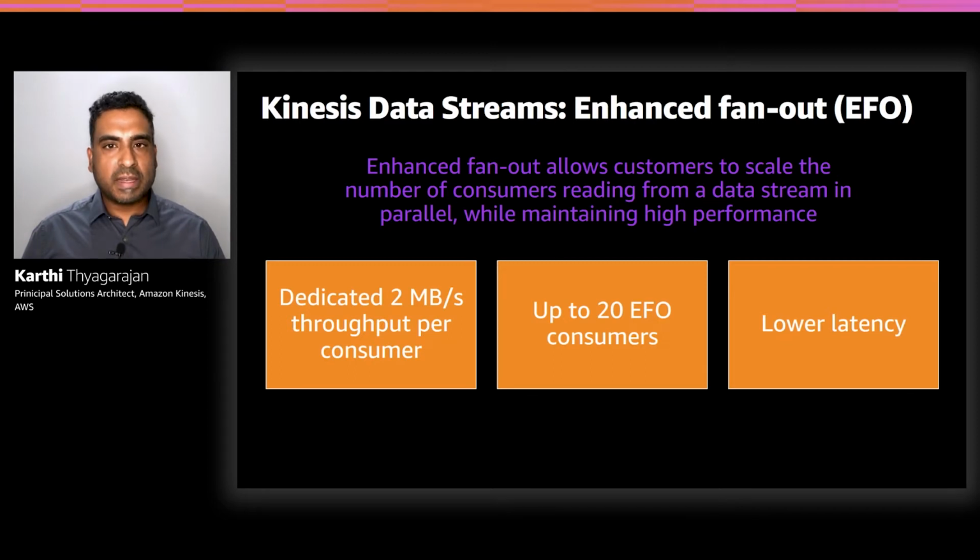And over this pipe, Kinesis data streams will deliver data to your consumer via a long-lived HTTP2 connection. And you can have up to 20 enhanced fanout consumers. And in addition to significantly increasing the consumption throughput per shard, enhanced fanout will also give you great end-to-end latency, 70 milliseconds or better. Now, this is compared to a floor of roughly 200 milliseconds when using consumers that are not enhanced fanout.